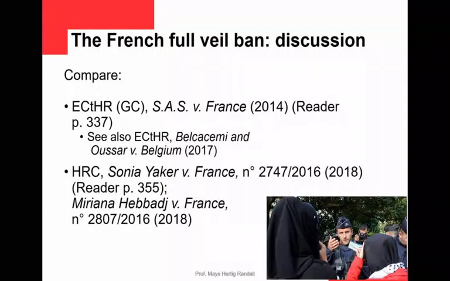And then comes the argument on gender equality. I think the European Court does not accept gender equality as a ground for limiting the right, but it does not find that the full body veil is a discrimination, whereas the Human Rights Committee says it's a form of indirect discrimination based on gender and religion. The court does look at the discrimination argument at the very end, under Article 14.